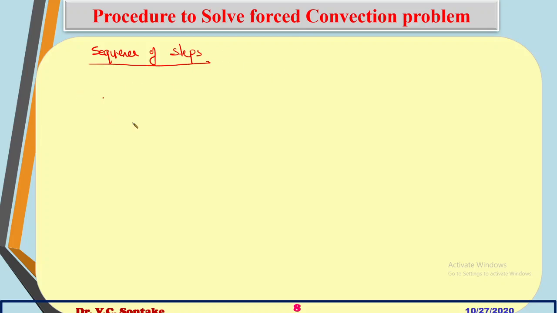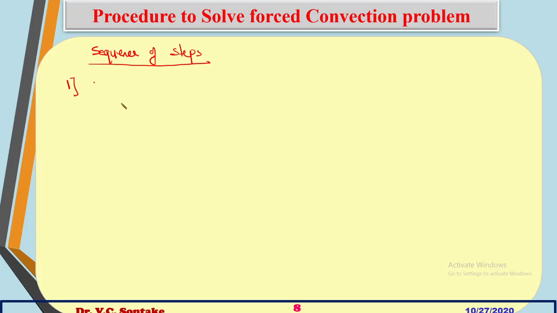When you refer to any problem on forced convection, whether on external flow or internal flow, the books are solving the problems in a very obscure manner. Even after solving 50 problems, you won't be able to get which step to be followed after what. So based upon my experience, I have tried to systematize the process of solving forced convection problems. So let us discuss what are the different steps involved.